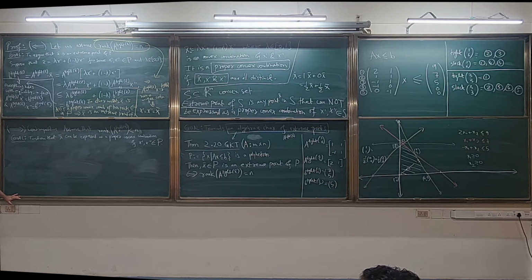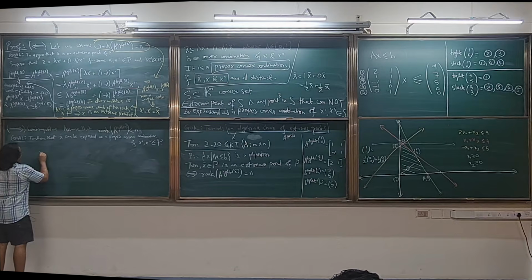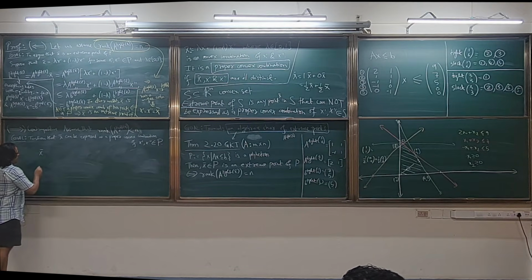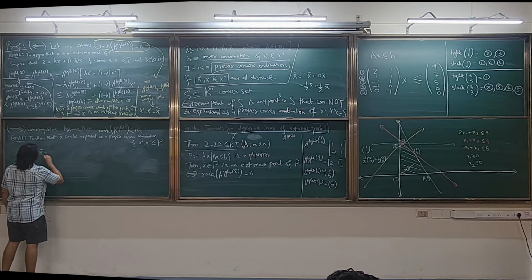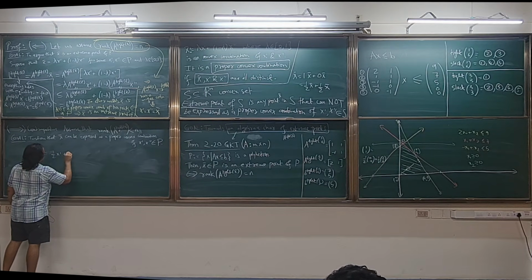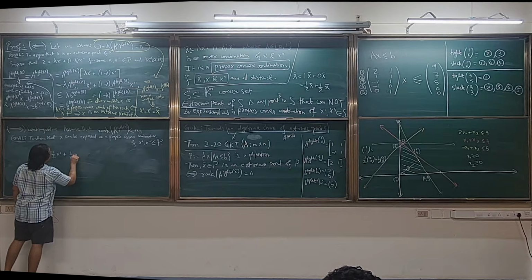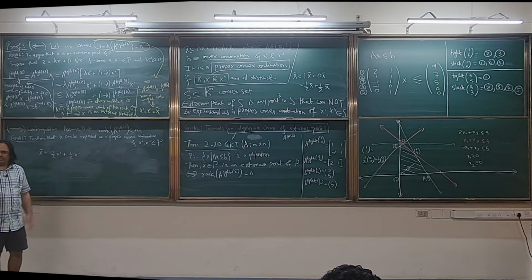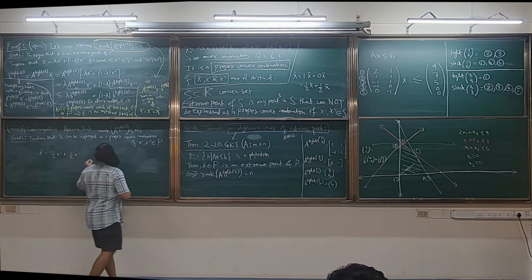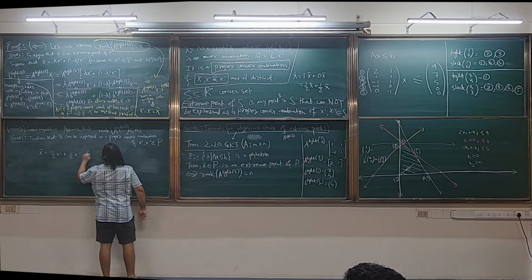So let's just write this. You all agree that we can write x bar as half times x prime plus half times x double prime for some two points in R^n. This much is clear, right?